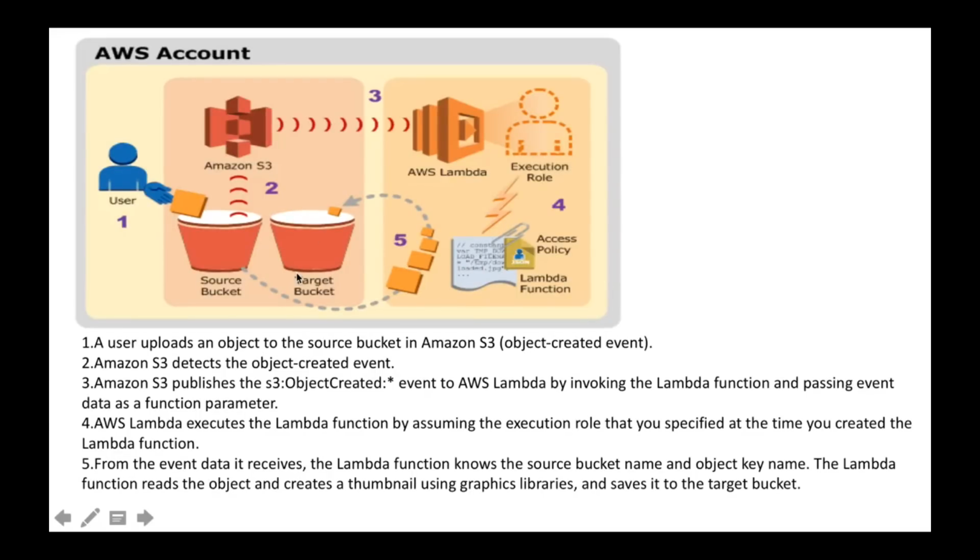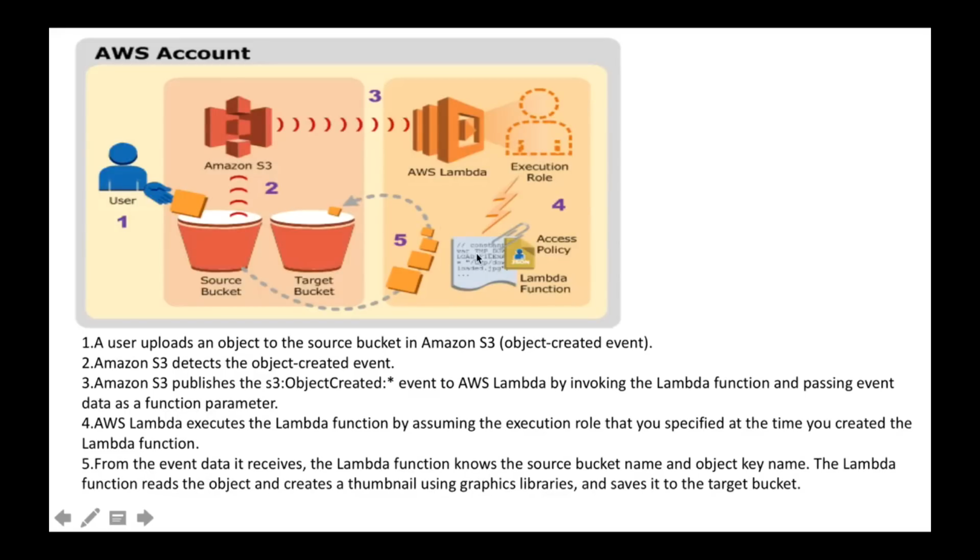Let's go a little bit further. In this scenario, the user creates an object in the S3 bucket, S3 detects that event and sends the event notification to Lambda. Basically, it's triggering your code to execute. Whenever it executes the code, it first validates your IAM policy to ensure you have appropriate permission.